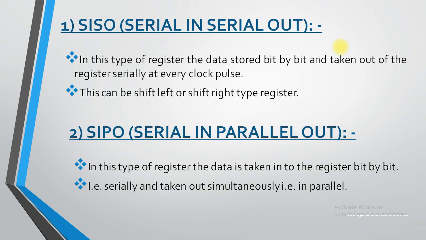Here is the small information regarding SISO, SIPO, PISO and PIPO. So serial in, serial out means what? In this type of register, the data is stored bit by bit and taken out of the register serially at every clock pulse. If you have not supplied clock pulses, at that time you are not able to transfer your bit.